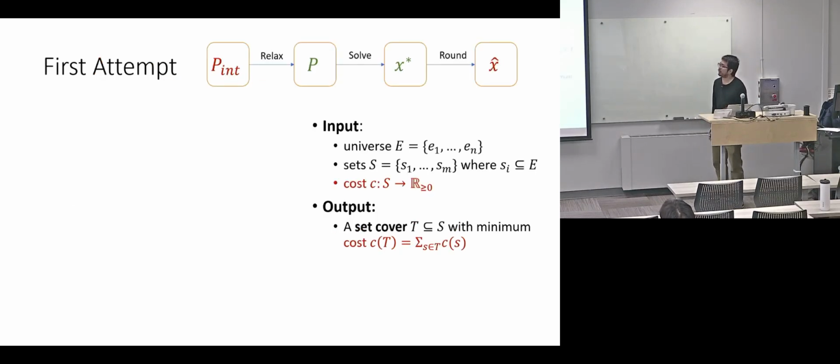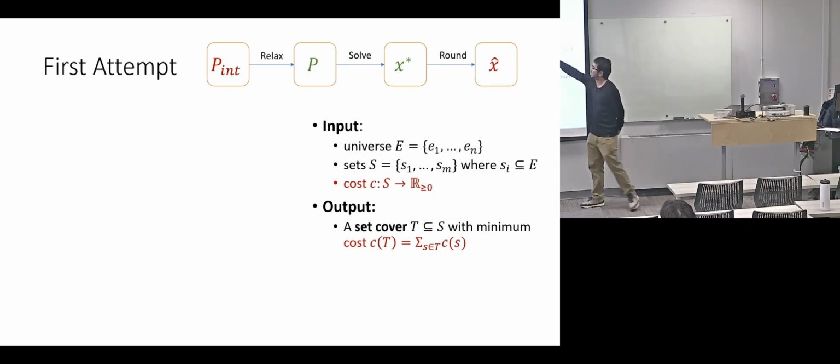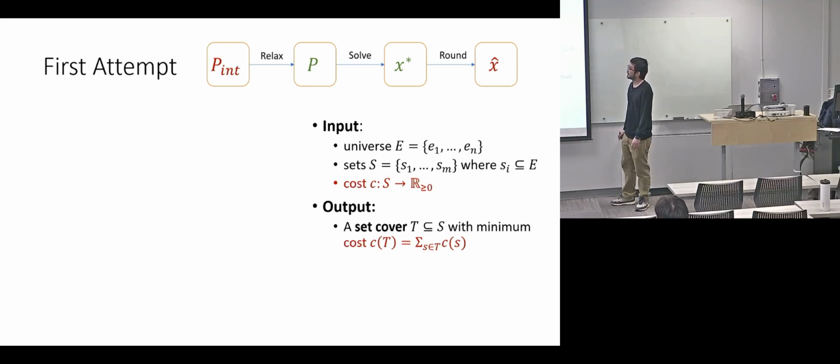Okay, so let's try to get an IP together again. What should be my variables? I should create a variable for each of what? Whether each set is chosen. The construction would be the same, where on the left you have the sets, and on the right the universe.